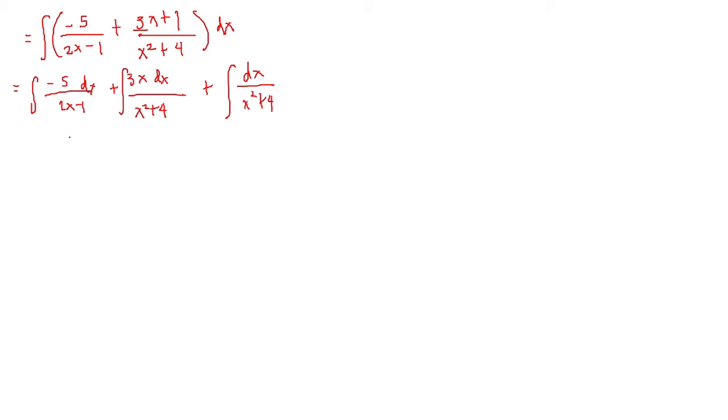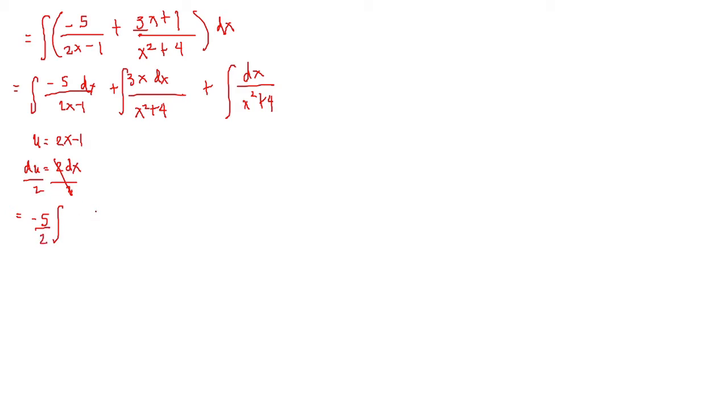Alright, so for this integration, we are going to let u is equal to 2x minus 1, du is equal to 2 dx. Divide both sides by 2. So, ganyan. So, matitira dito is negative 5, dx is du over 2. So, over 2.